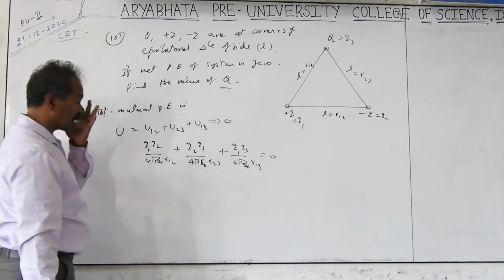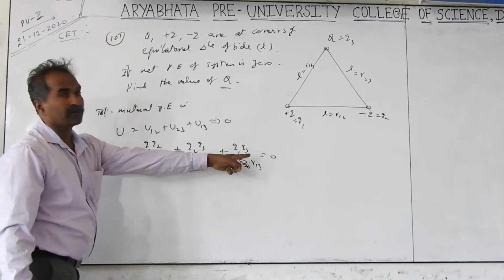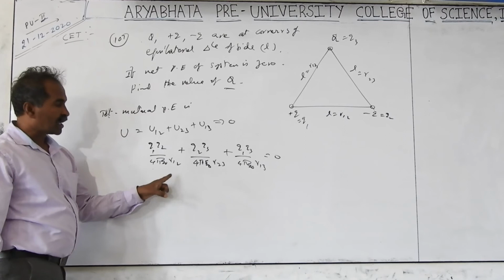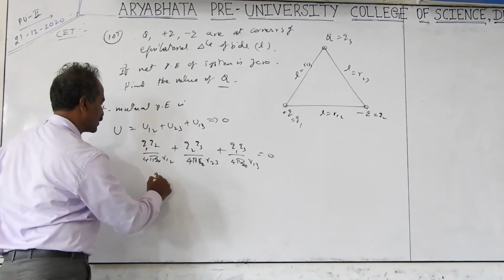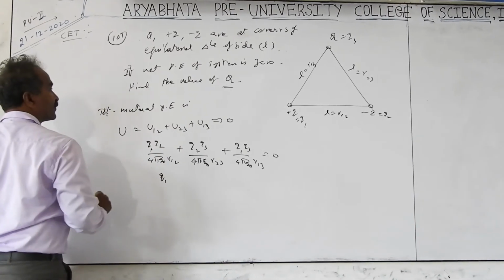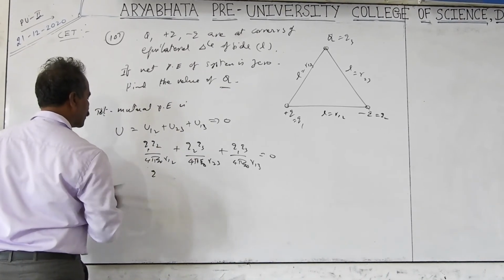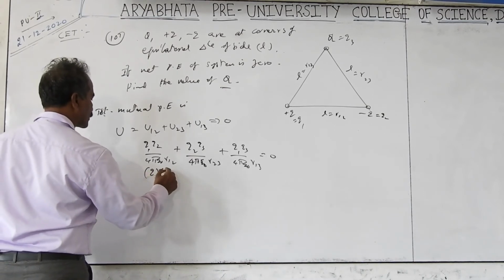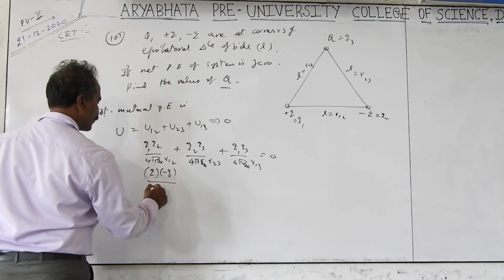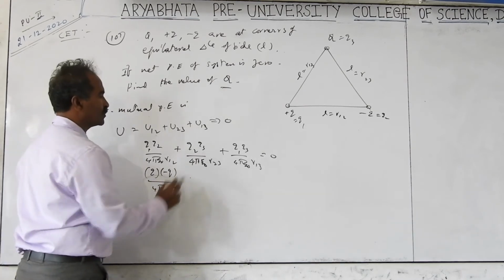So in this, taking the common terms, R12, R13, 4 pi epsilon naught, cross multiply and take out, equal to 0. These lengths R12, R13 are all equal to L. So this becomes Q1 Q2. What is Q1? It is small q, and Q2 is minus q. So q into minus q by 4 pi epsilon naught L, plus Q2 Q3.